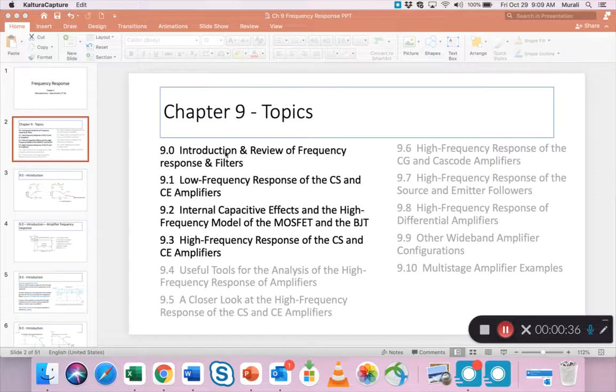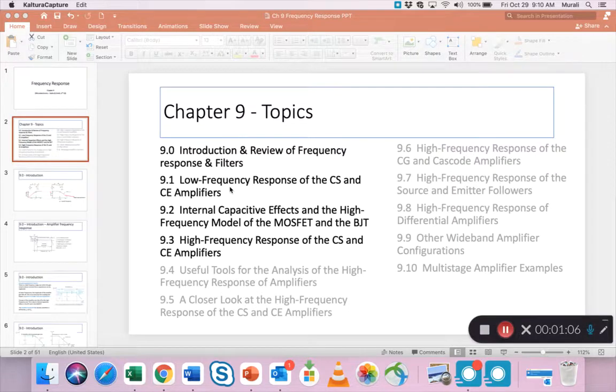So we did a little bit of that last time, and then we also looked at the low frequency response of the CS and CE amplifiers, the MOSFET and the BJT on the low frequency side, where we were told that the capacitances that were important were the external capacitances, the coupling capacitance, the bypass capacitance.